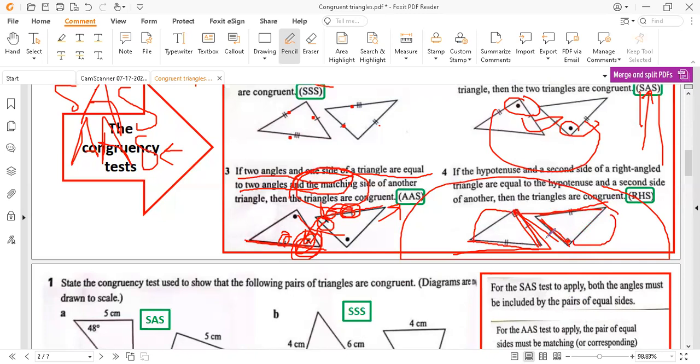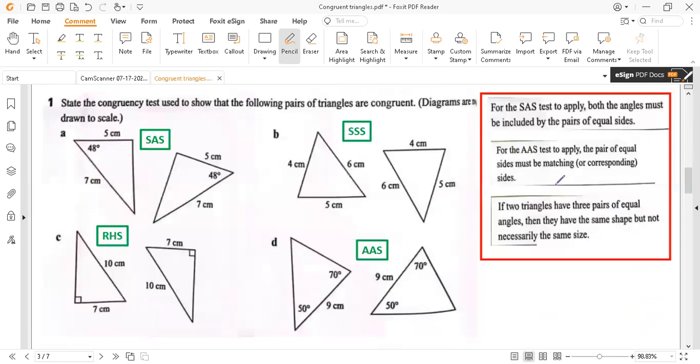So this test is known as R, for right angle triangle. It is enough for us to guarantee that the hypotenuse and one of the sides are equal. So if the hypotenuse and the second side of a right angle triangle are equal to the hypotenuse and the second side of another triangle, then these triangles are congruent.